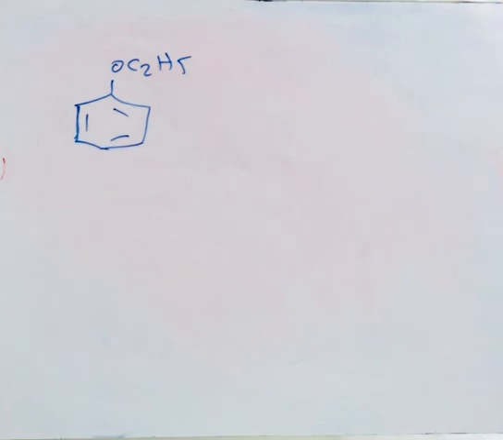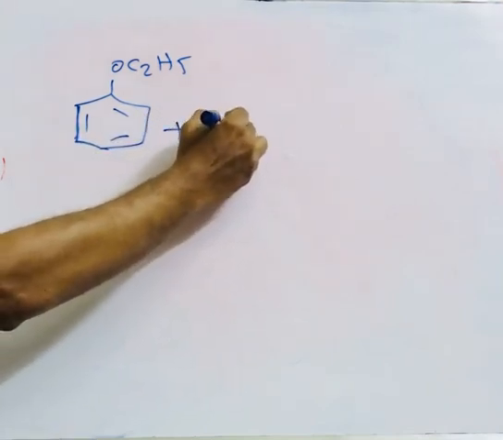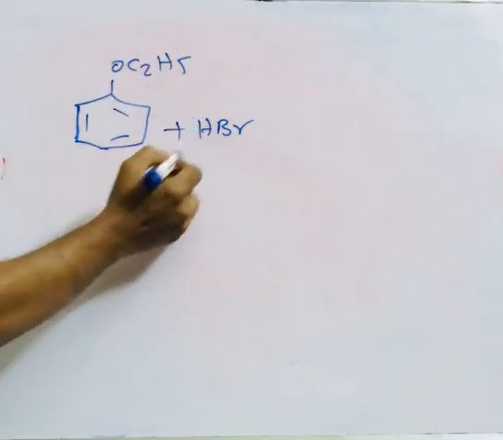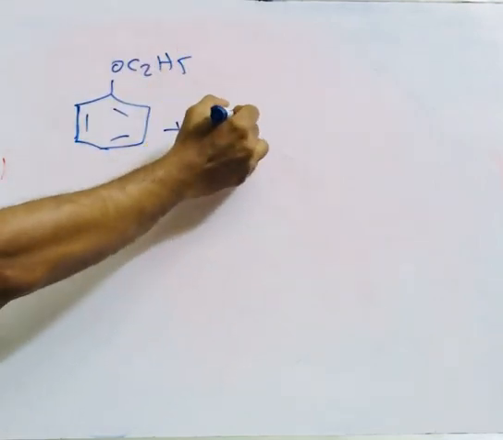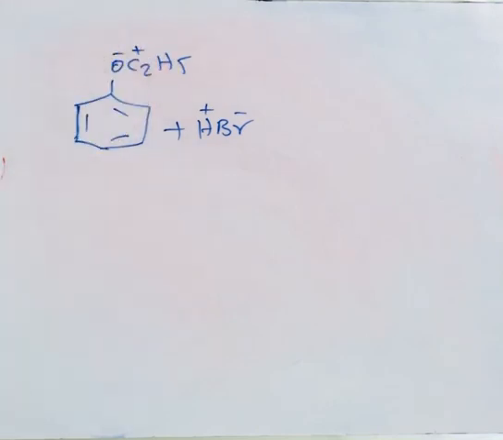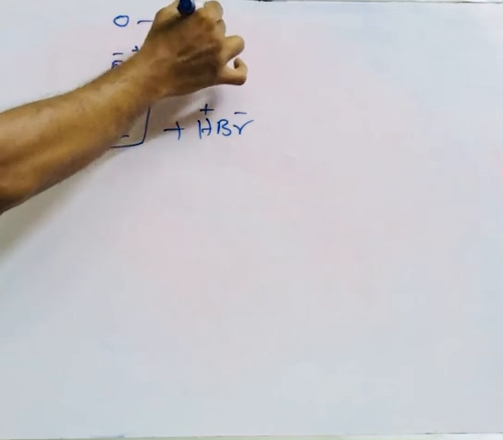So when ethoxybenzene reacts with HBr, hydrobromic acid, what is the compound we will get? This ethoxybenzene is OC2H5, and this is H plus and Br minus, here O minus, C plus. The bond between O and C, there is a bond CH2 CH3, correct?